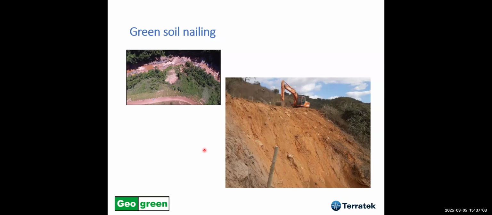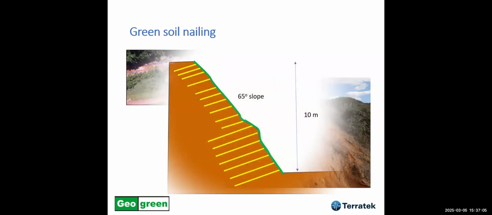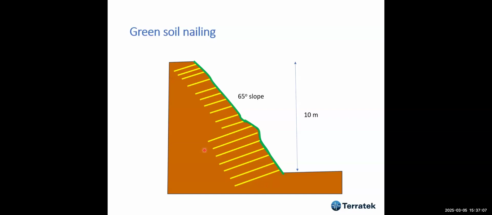It was a big slope, about 10 meters high, and then they used these nails. They are spaced 1.5 meters. Some of them are longer. I don't remember the details. I was not directly involved here, but what they did was, it was a 65 degrees slope, and they vegetated this slope.